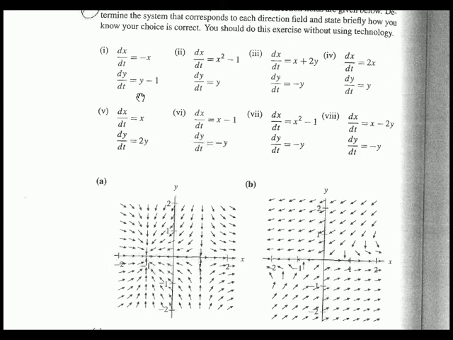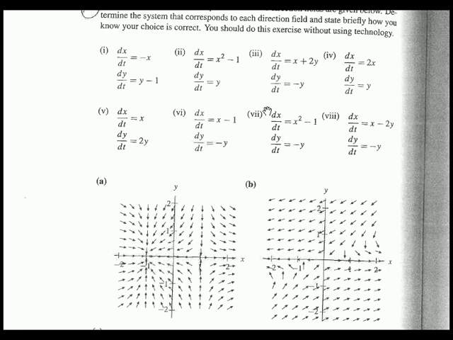Systems 2 and 7 both have equilibrium points at y equals 0. When y is 0, the second equation is 0 when x is plus or minus 1. So it looks like it's got to be either 2 or 7.